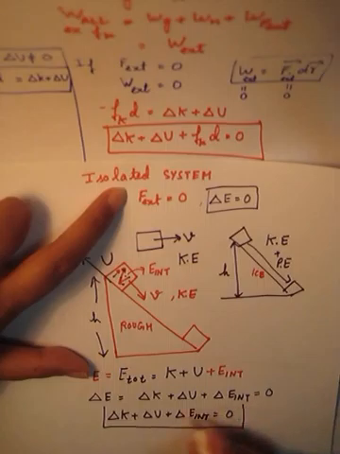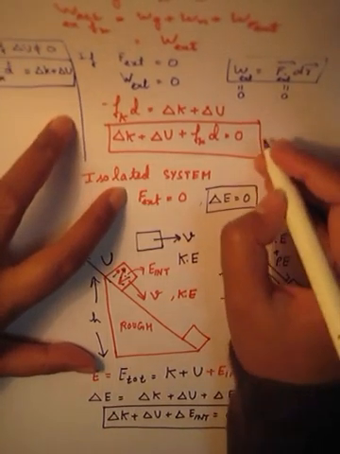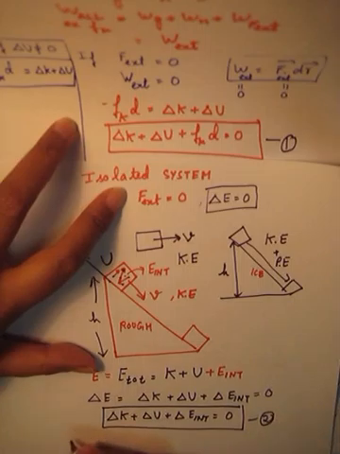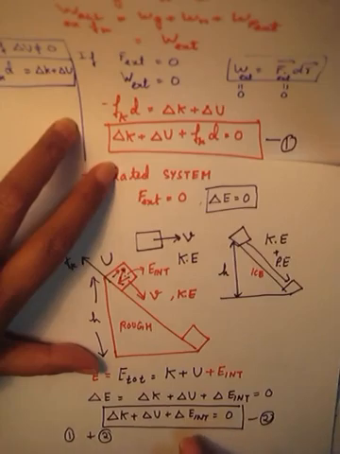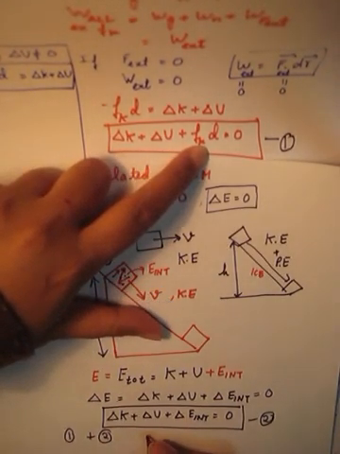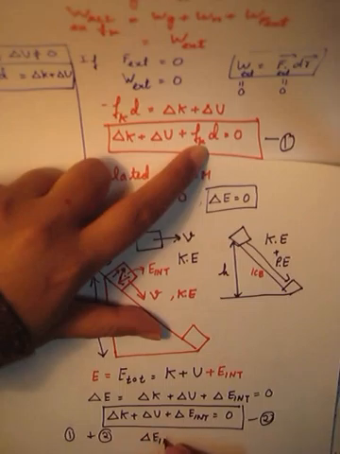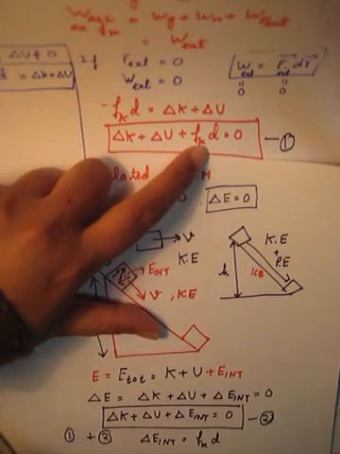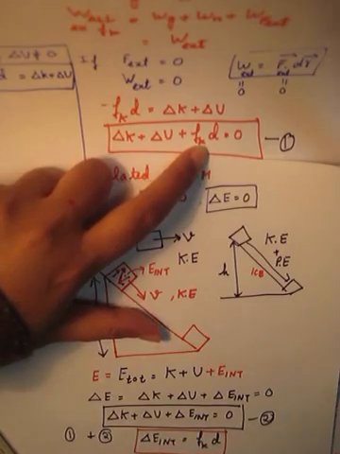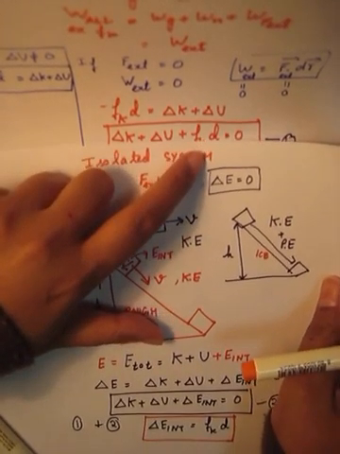We get this equation. And if we compare equation 1 and equation 2, we can conclude that the change in internal energy must equal kinetic friction into d. So friction will change the internal energy of a system.